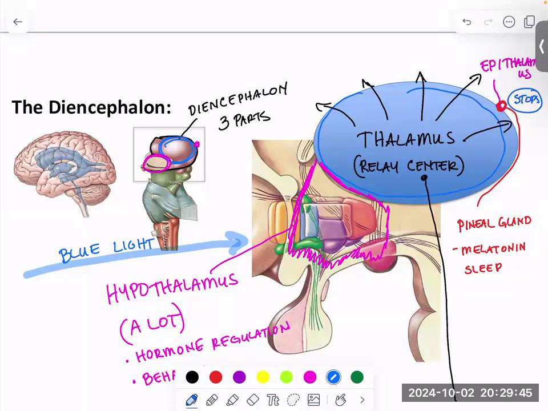Makes sense. During the daylight, you want to be awake. When there's light out, stop melatonin production. When the lights go out, very little blue light is put into your eyes. Very little. I mean, minimal. Almost zero. And your body releases melatonin to tell your body to go to sleep.